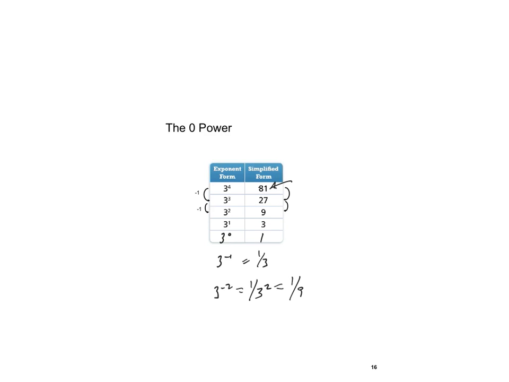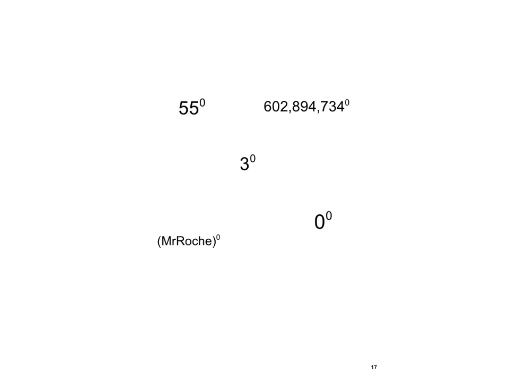So this is kind of the middle point of this whole chart, and then you can see that 3 to the first is 3, but 3 to the negative first is 1 over 3. 3 squared is 9. 3 to the negative 2 is 1 over 9. And so you can see 1 over 27 would be 3 to the negative third. 3 to the negative fourth would be 1 over 81, and so on. So that's how those all work together there.